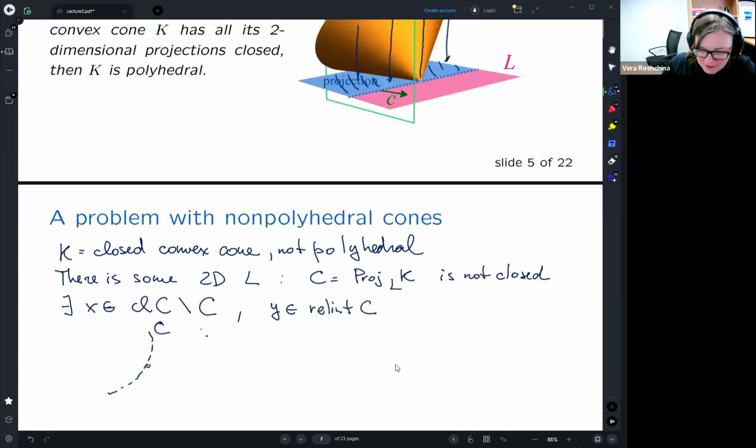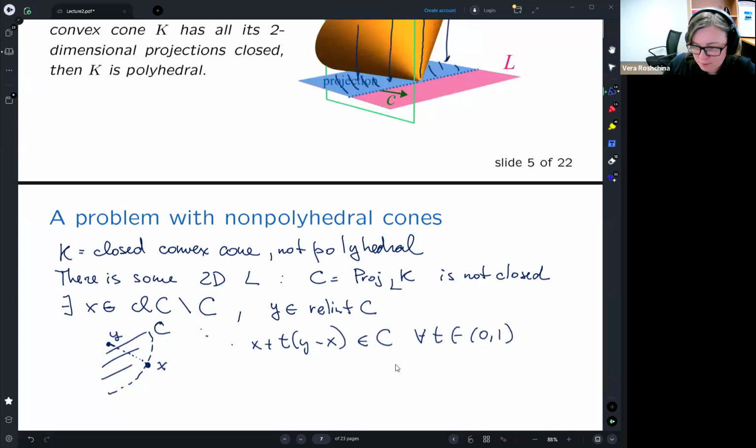I pick a point here that is on the boundary, and I pick another point that is in the relative interior of C. Then actually all points between Y and X will be in the set C. They will actually be in the relative interior of the set C. So if I write something like this, X plus T times (Y minus X), that point will be in C, for all T from 0 to 1.